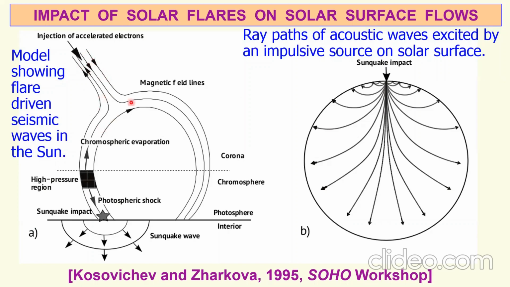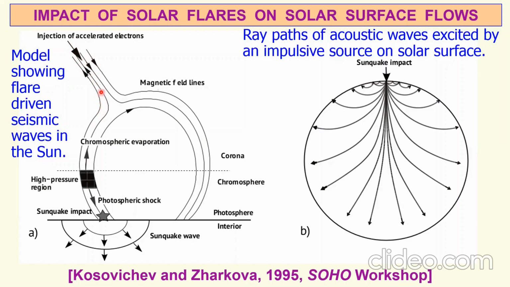So in a solar flare, the magnetic field lines play a very important role. So these are the magnetic field lines connecting from the sunspots. And because of some reconnection happening in the solar environment, there is initiation of the flaring phenomena. And from the flaring site, there is injection of accelerated electrons, which move along the magnetic field lines.